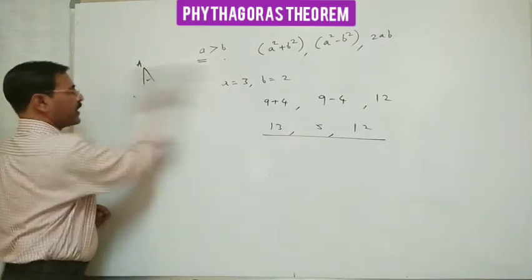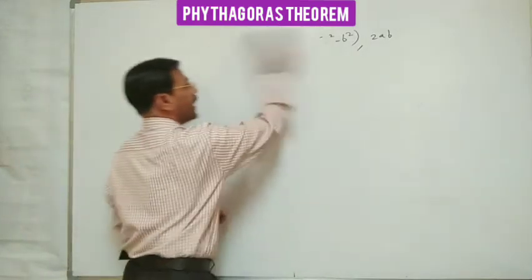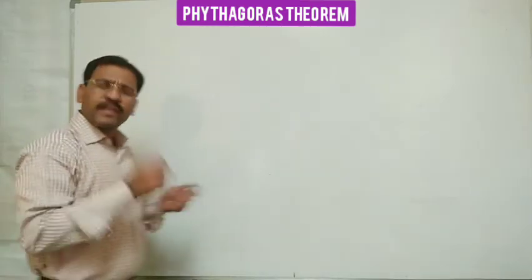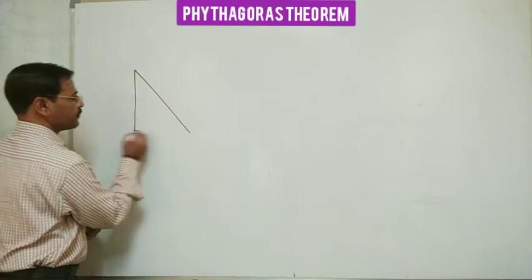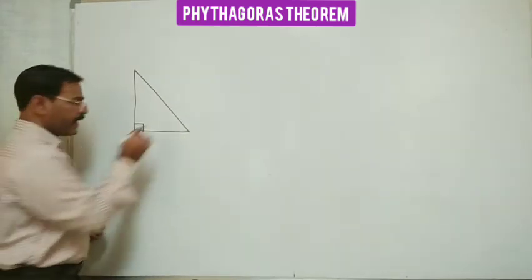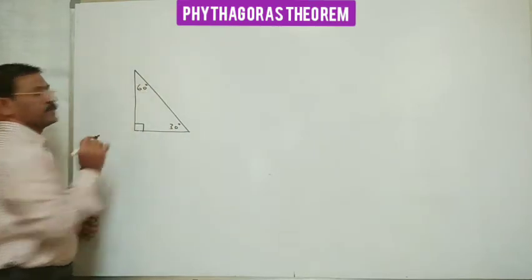Suppose I draw one figure here in which one of the angles is 30, the other one is 60, and the third one is 90. Look here, this is the triangle in which it is 90. I'll take here 30 degrees and here 60 degrees.